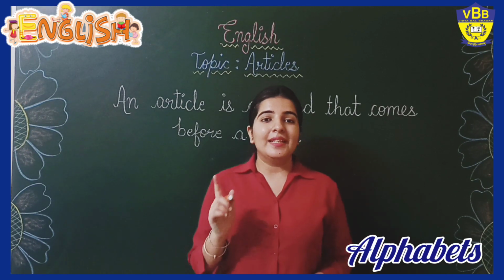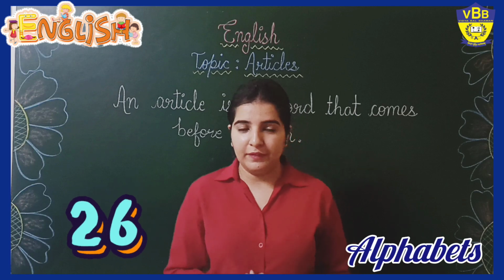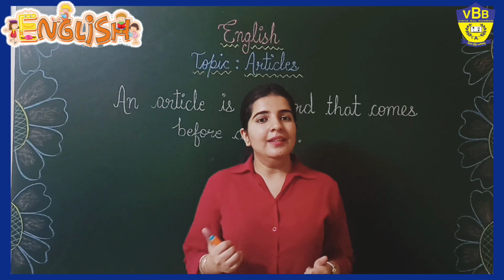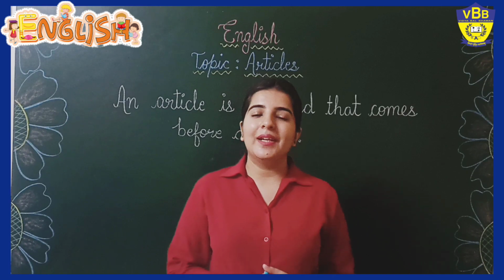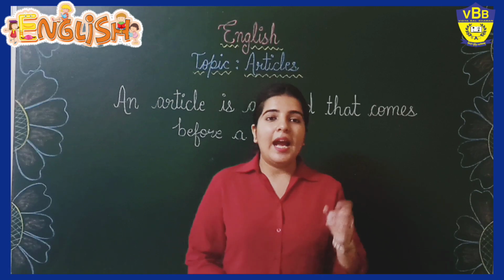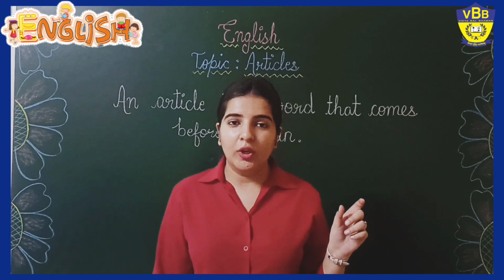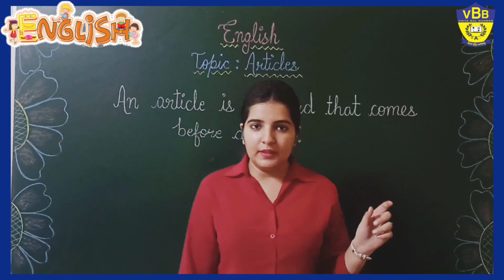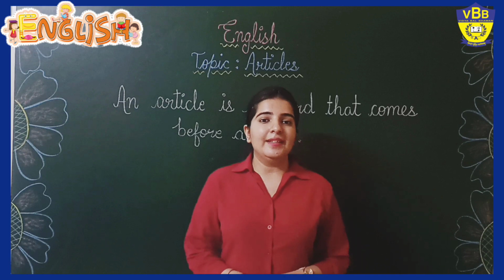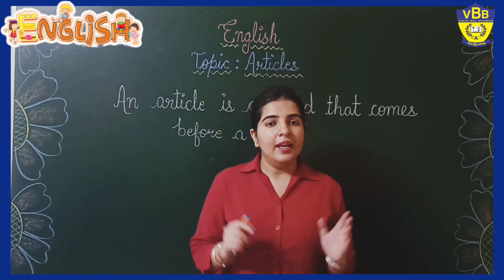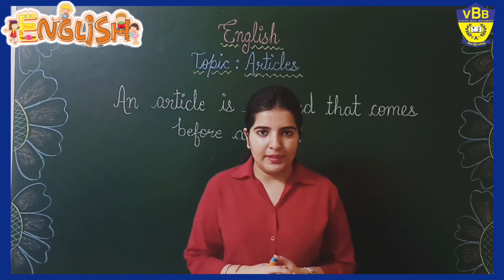There are 26 English alphabets, right? Starting from A till Z. We have 26 alphabets, and individually they are known as letters. What are they known as? Letters, right? So we can say that there are 26 letters in a group of alphabets.